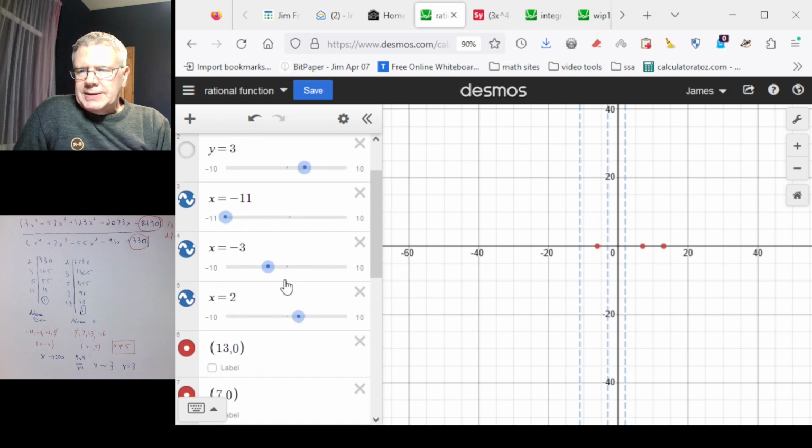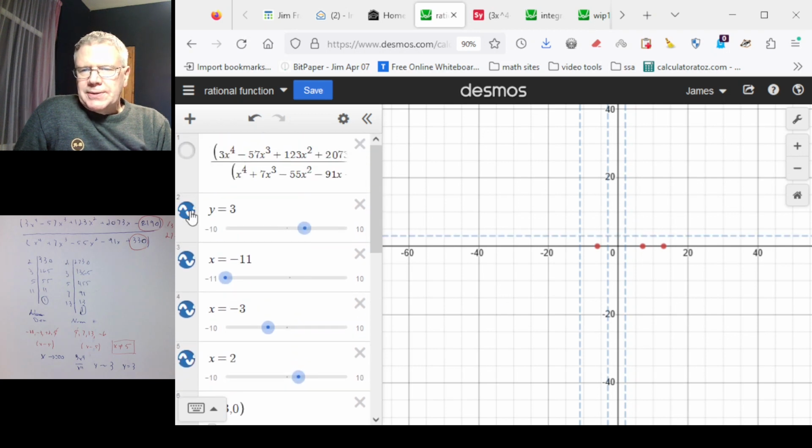We know that y equals 3 is a horizontal asymptote. So we could start to fill this in. We know up here in the upper left that it's going to approach the horizontal asymptote and the vertical asymptote, and there's no zeros over there, so it's going to be up here in the upper part.